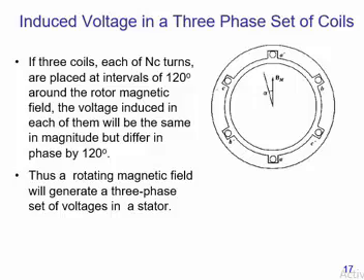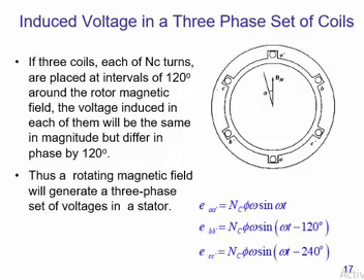Thus, a rotating magnetic field will generate a 3-phase set of voltages in a stator. Let's suppose we say that the induced voltage for loop AA bar is equal to Nφω sin ωt.